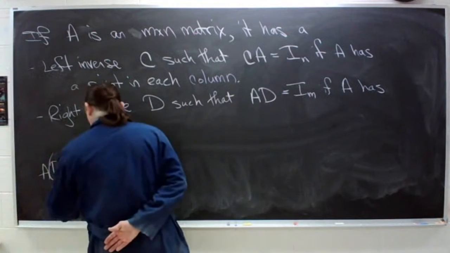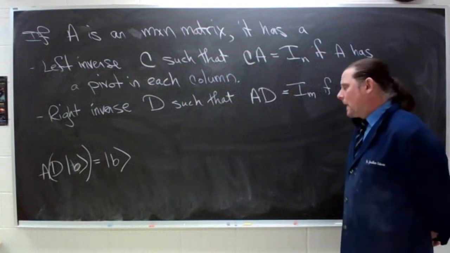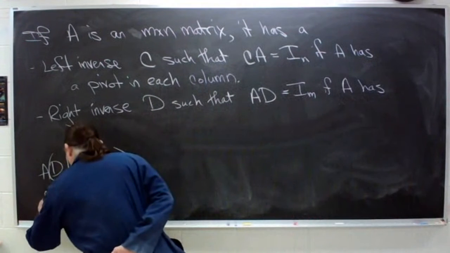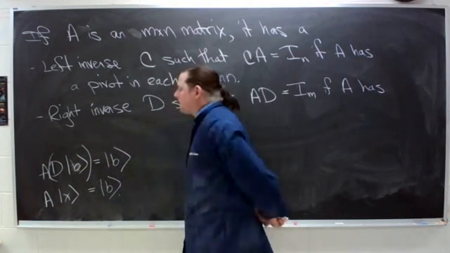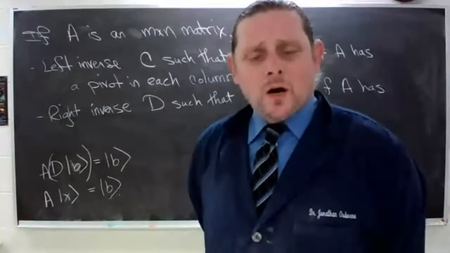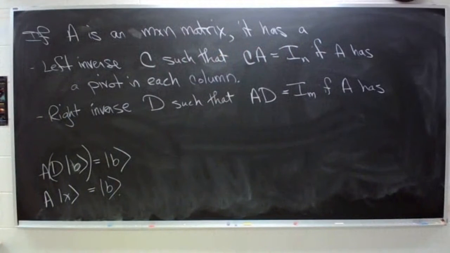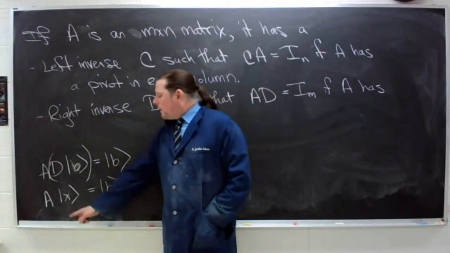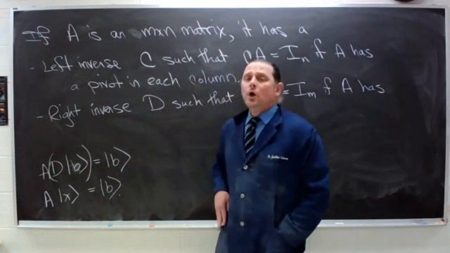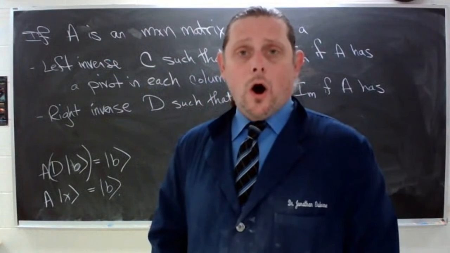Now I could view D acting on b here as a solution to Ax = b. So what I'm getting at is that if matrix A has a right inverse, then it's not possible for the system Ax = b to have no solutions at all for any vector b in R^m.